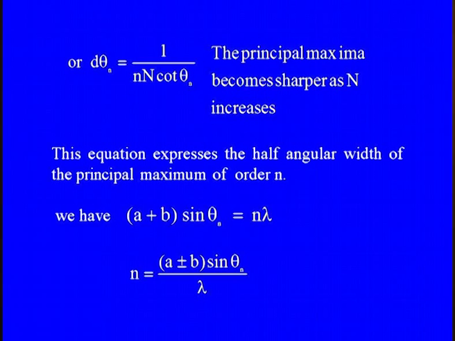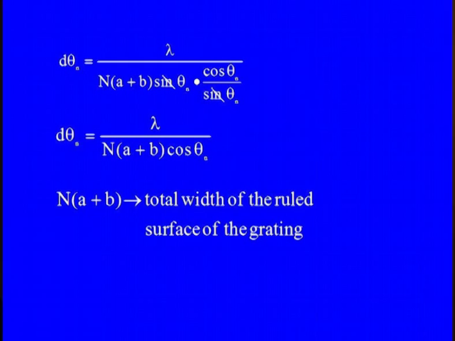So, we can write the order of diffraction n = (a + b) sin θn / λ, or dθn will be equal to λ upon n into (a + b) sin θn into cos θn divided by sin θn, which we can simplify and we get dθn = λ / (N(a + b) cos θn).